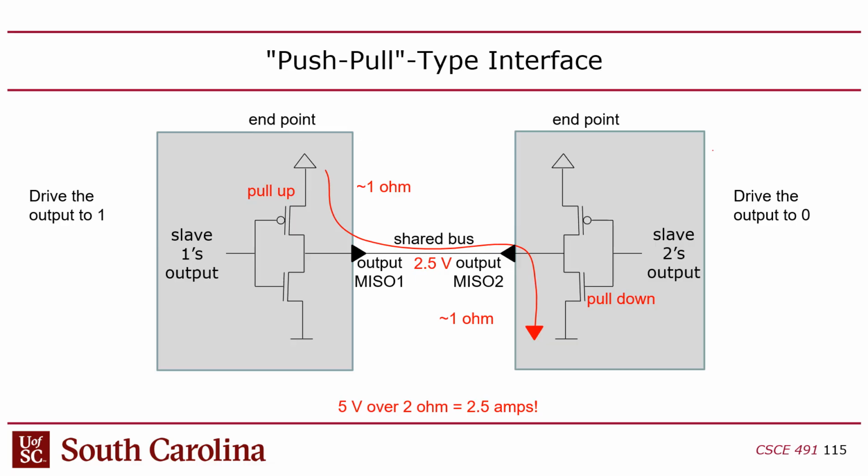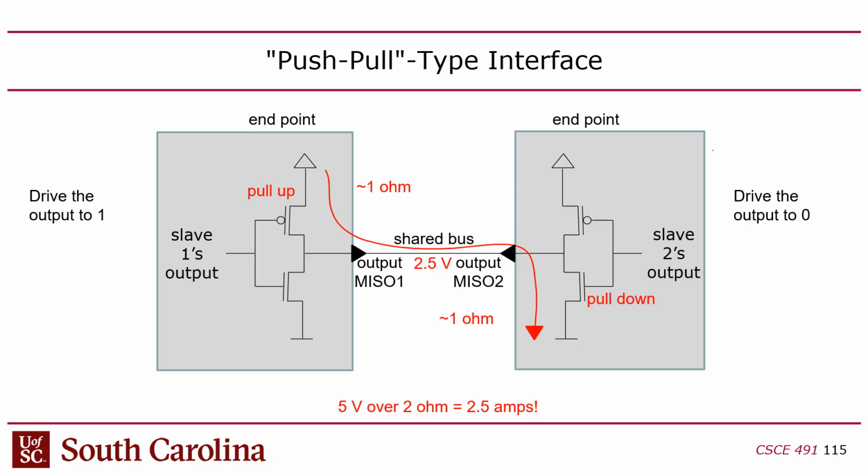If one of the chips pulls up, in other words, he wants to send a 1, and the other one pulls down, wants to send a 0, what ends up happening is that you have low impedance to VDD on one chip and low impedance to ground on the other chip.